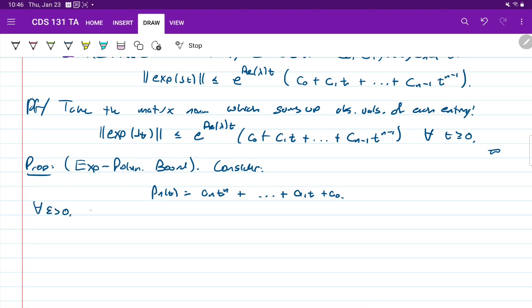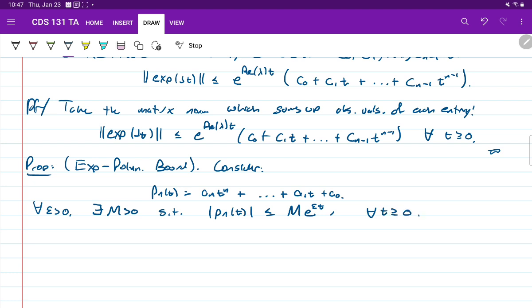Then for all epsilon greater than 0, there exists some constant M greater than 0 such that the magnitude of P_n(t) is less than or equal to M e^(epsilon t). This holds for all t greater than or equal to 0.